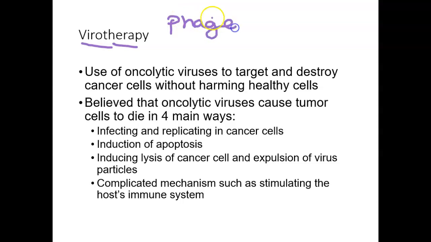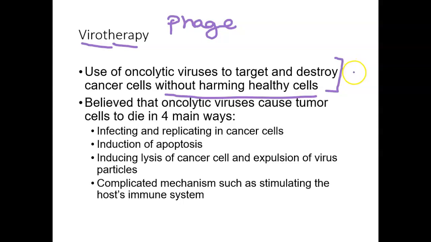We've talked about before, using a bacteriophage to target bacterial infection would be a form of virotherapy. So using oncolytic viruses to destroy the cancer cells without harming the healthy cells, this is the $1 million question. This is the big goal.